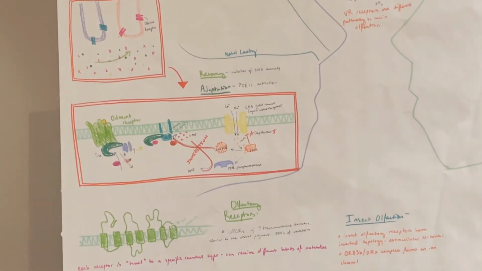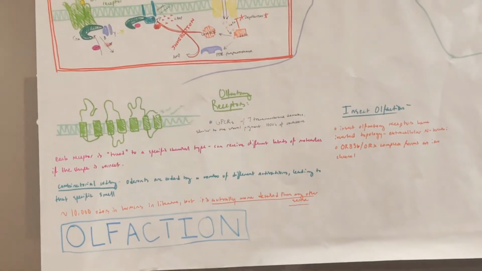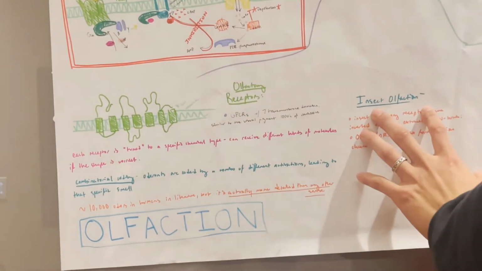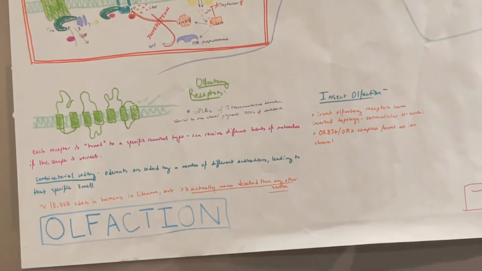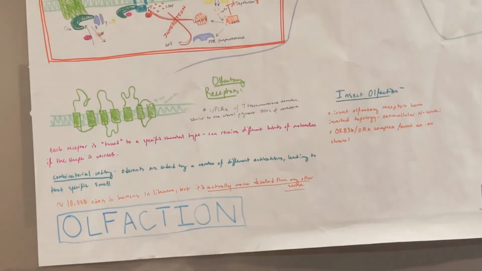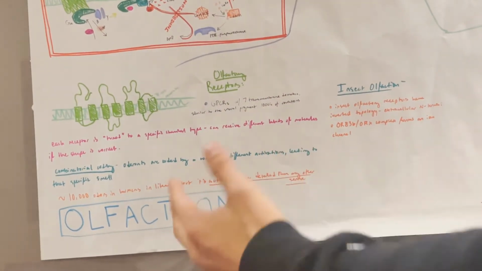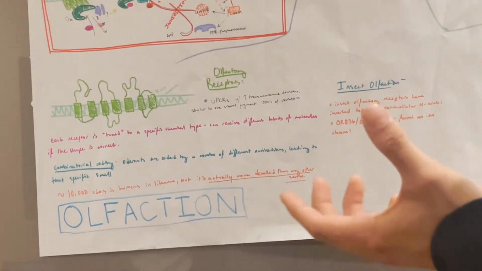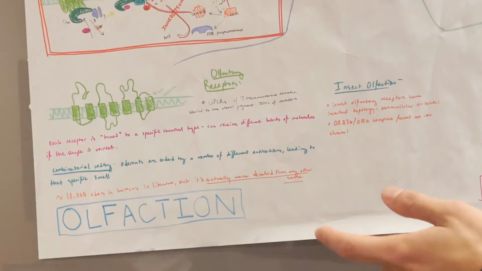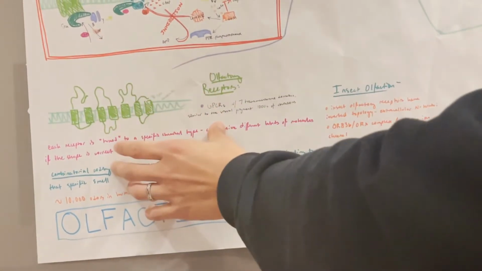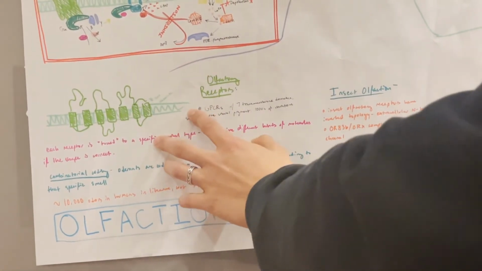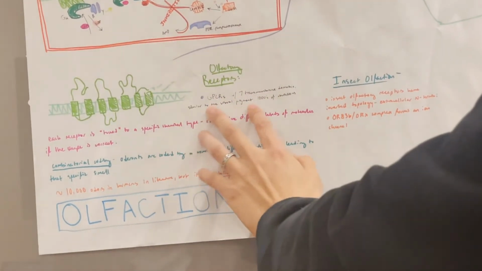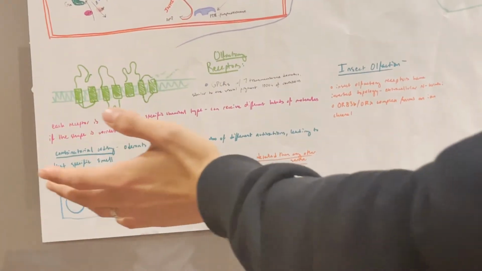Then another point: you may be wondering about olfactory receptors and insect olfaction. Just really briefly, it's quite simple. For olfactory receptors in mammals, for example humans, our transduction involves, as I discussed, GPCRs, G protein-coupled receptors, with 7 transmembrane domains similar to visual pigment, and there are thousands of these variations.